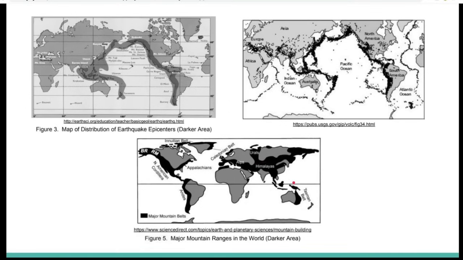Alright? Now, can you see any similarities among the three pictures or diagrams? Okay, I'll give you 20 seconds to think of it, and if you are done, please comment your answers on the chat box.